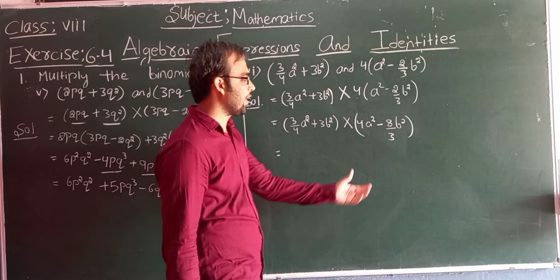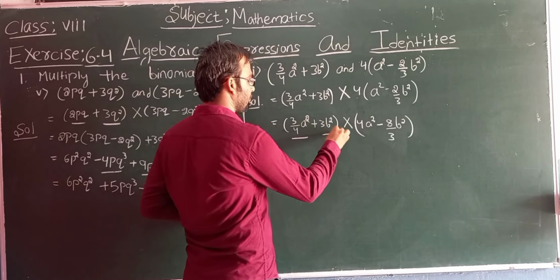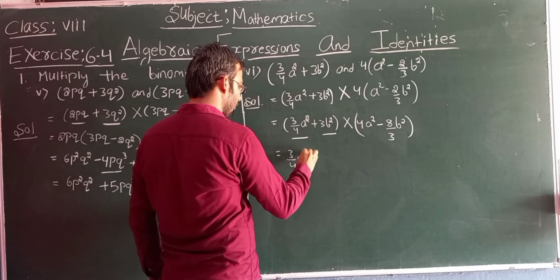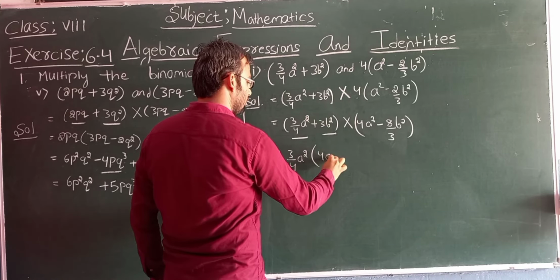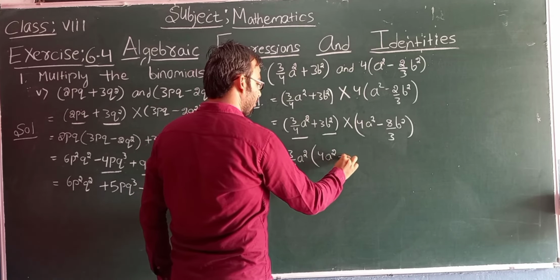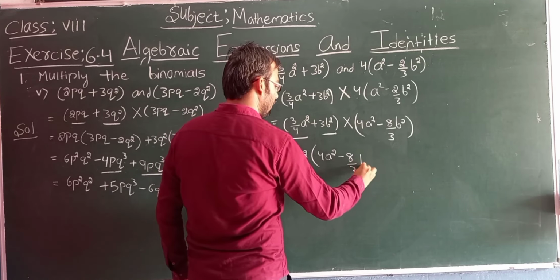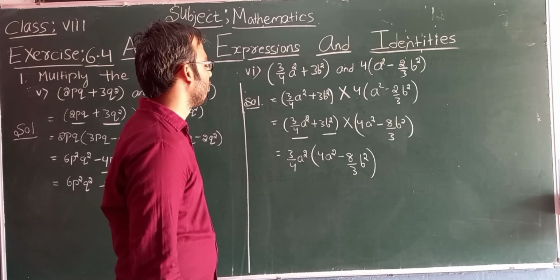Now we can keep this one as it is and we will divide this one into 2 parts. Now 3/4 a square. Next write this one as it is, 4a square minus 8/3 b square.